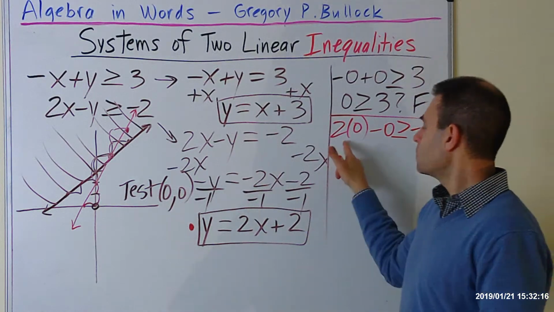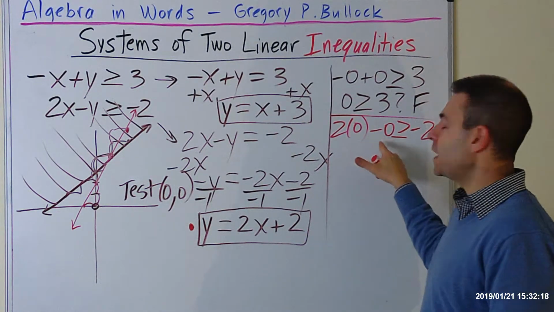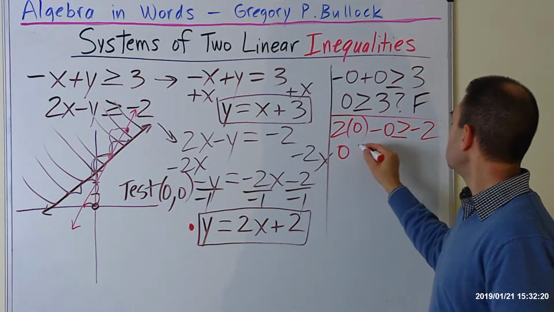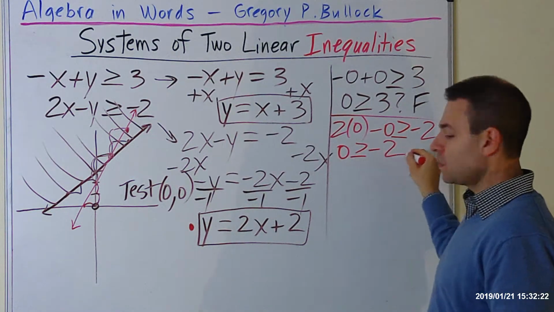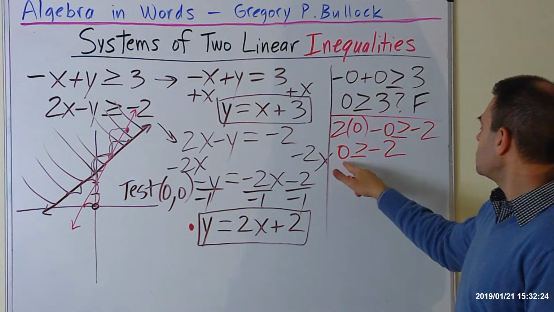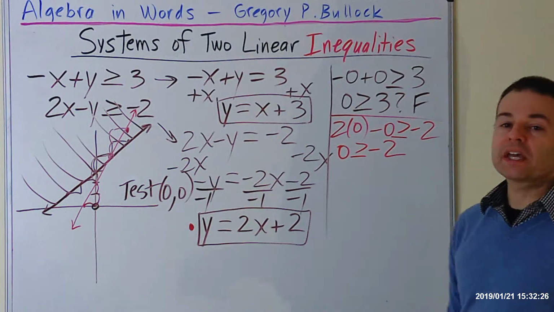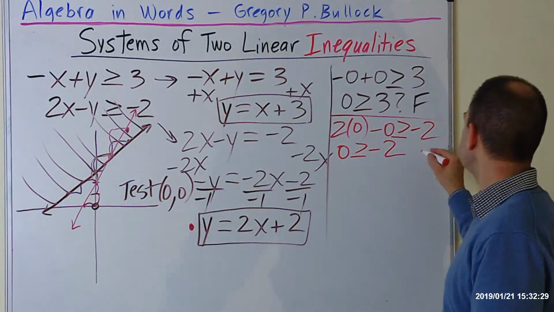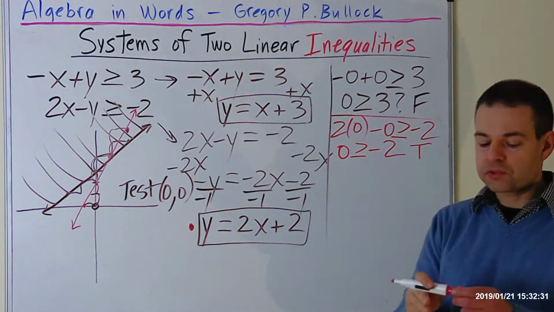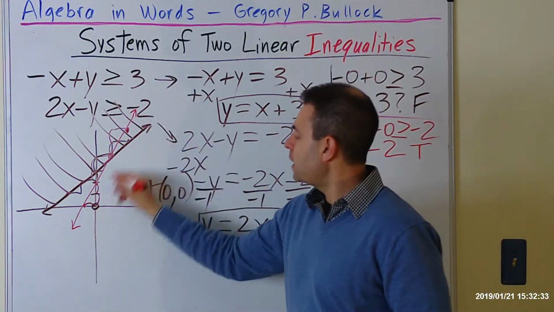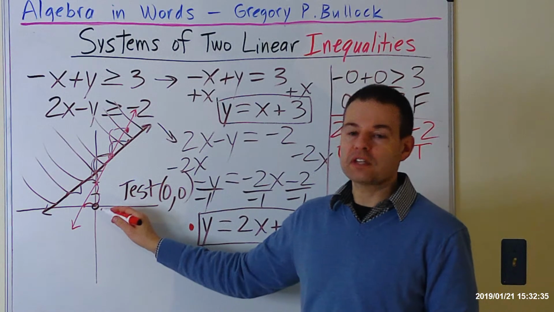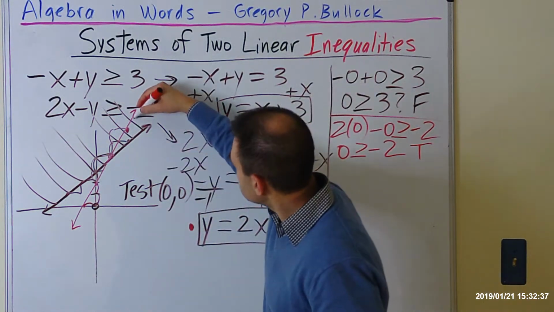Simplify everything. 2 times 0 is 0, minus 0 is going to be 0, greater than or equal to -2. Is 0 greater than or equal to -2? That would be true. So what does true mean? If this is our line, we're going to shade the side with the test point, which would be over here.